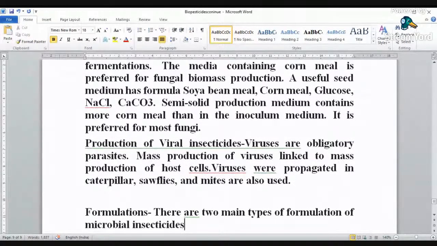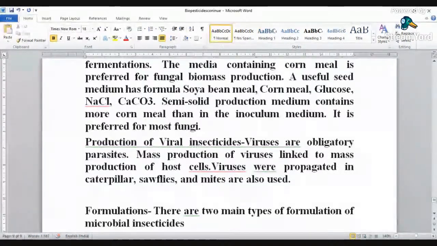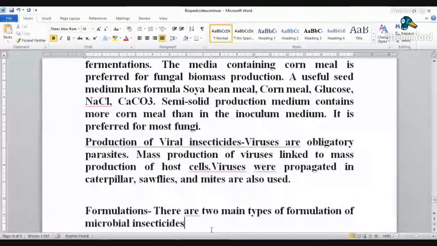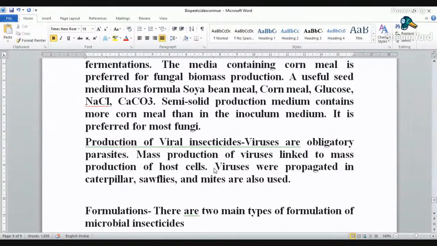So for the production of viruses, it is essential that the mass production of host cells is also carried out. Because viruses are obligatory parasites, mass production of viruses is linked with the mass production of host cells. Only if the host cells are produced will the virus grow in them, otherwise it will not. Viruses are propagated in caterpillars. In whom do we do the mass production or propagation? Caterpillar larvae, sawflies or mites. These are used for the mass production of viral insecticides.